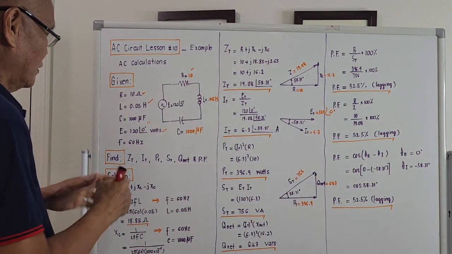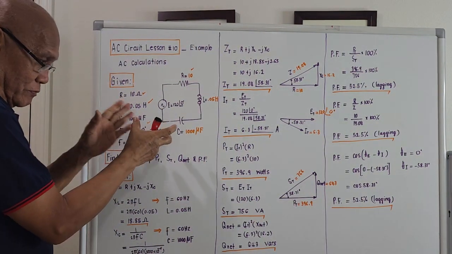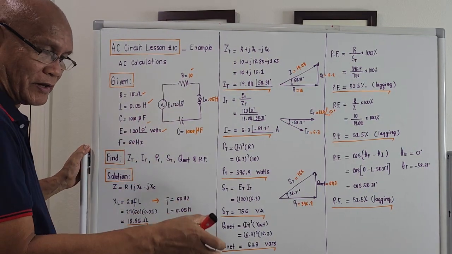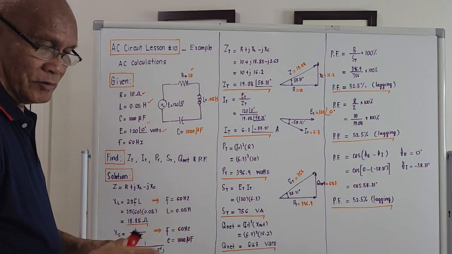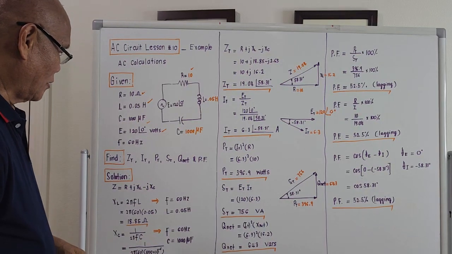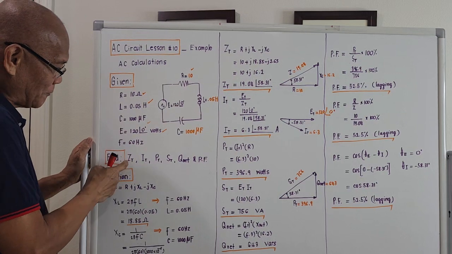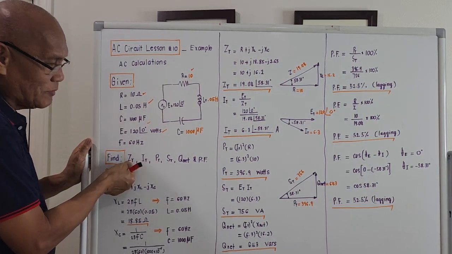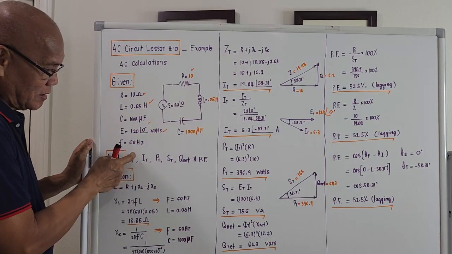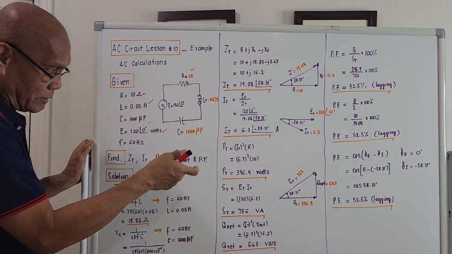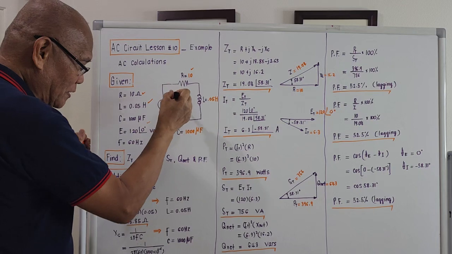The frequency of the power source is 60 hertz. Hertz is also the family name of the one who discovered frequency. The requirement of the problem is, first, capital Z with the subscript T, meaning total impedance. Capital I with the subscript T, meaning the total current drawn by the impedance.